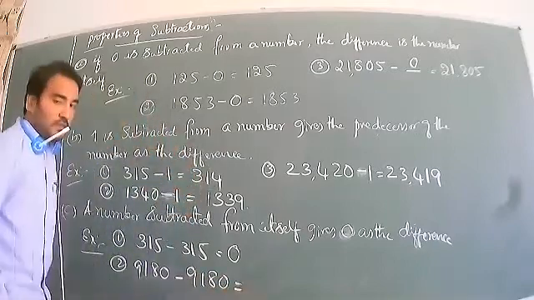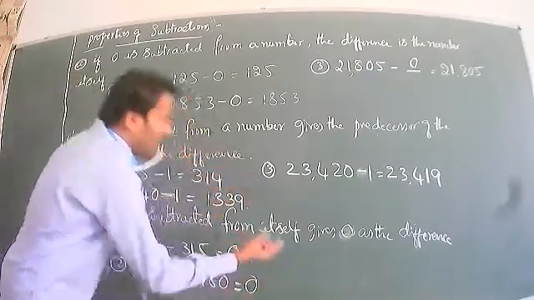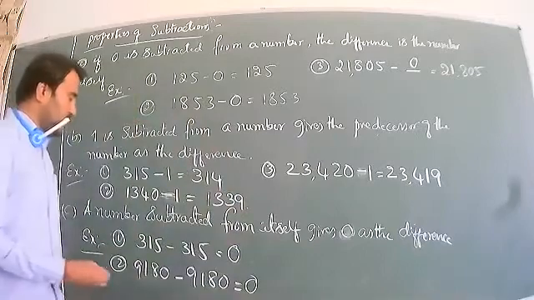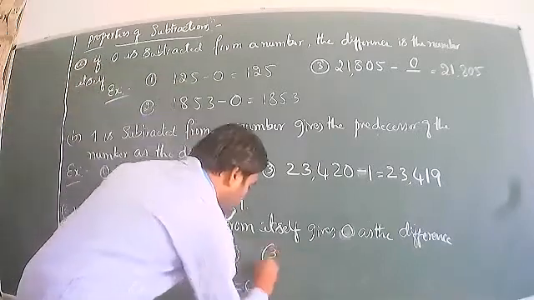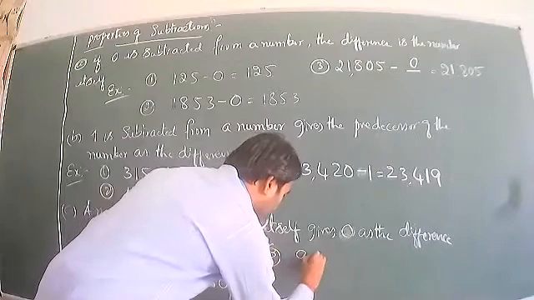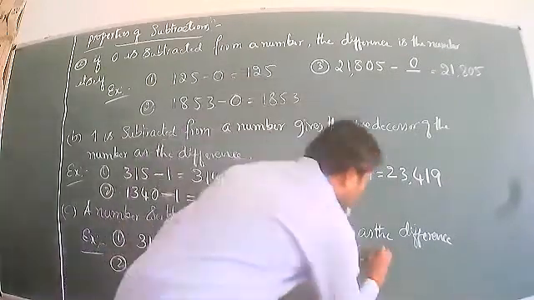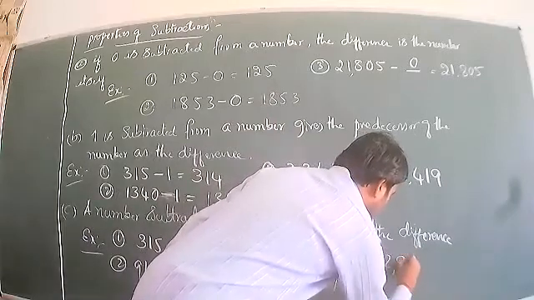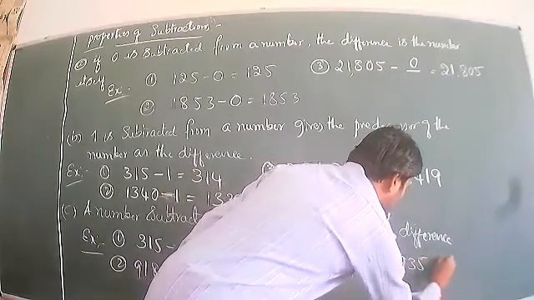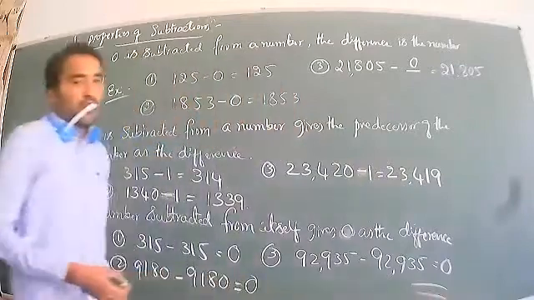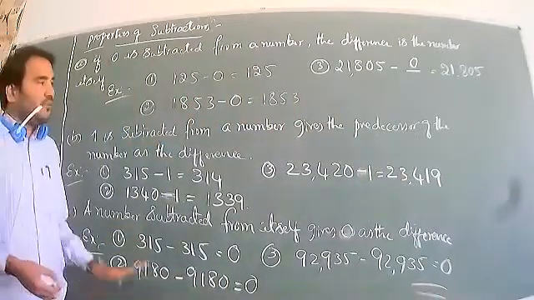What is your answer? The answer is 0. Third, 92,935 minus 92,935 is 0. When you subtract a number from itself, we get the answer 0.